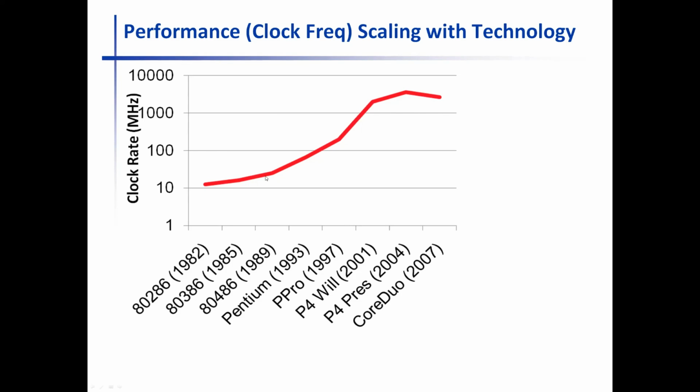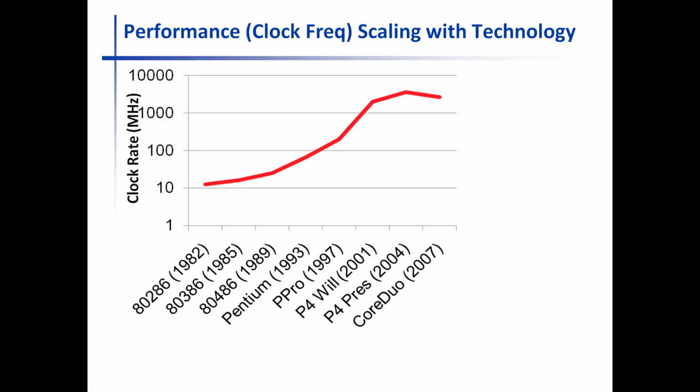We were able to switch the transistors on and off fast. But around early 2000s, 2001 to say 2007-ish, it took a turn the other way around. The exponential increase slowed down and it started to reach a peak and settle at a point.